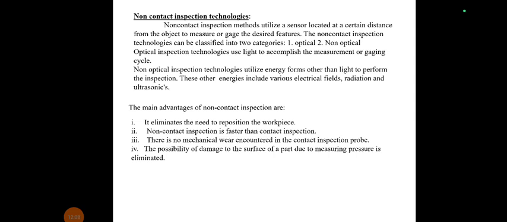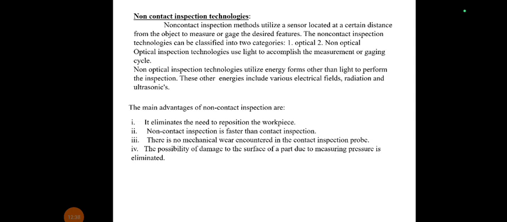A rotating mirror deflects the beam so that it sweeps across the object to be measured. The light sensor is located at the focal point of the lens system to detect the interruption of the light beam. As it is blocked by the object, the time lapse corresponding to the interruption of the light beam is measured to determine the desired dimensions of the part.